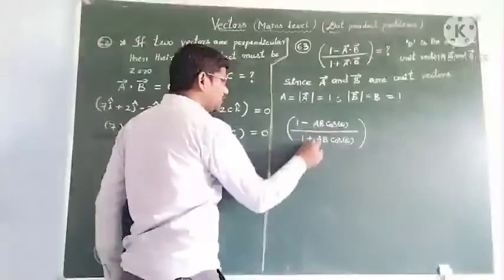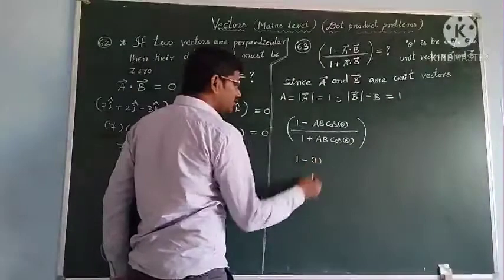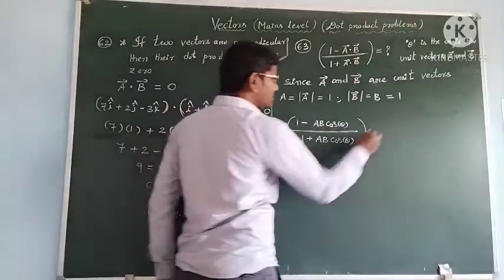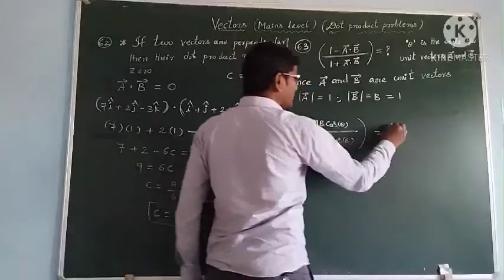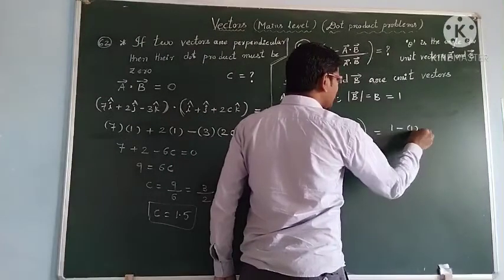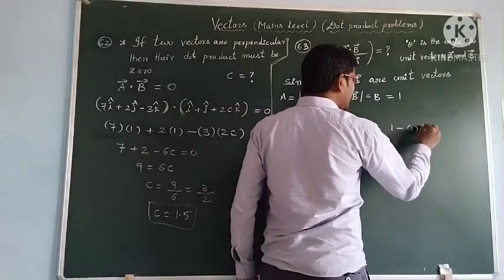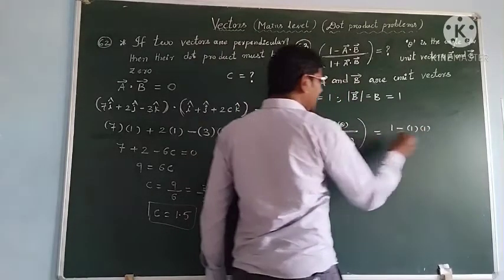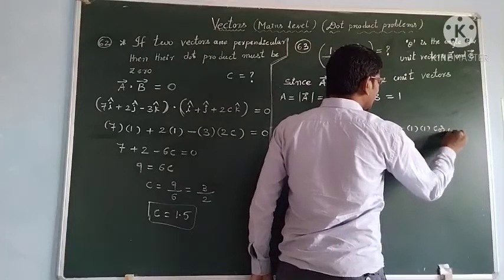Then the magnitude of a is 1, so 1 minus magnitude of a, which is 1, and magnitude of b, which is also 1, and cos theta.